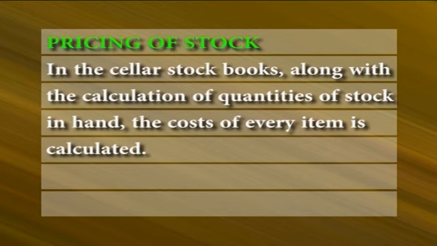Pricing of stock. In the seller stock books, along with the calculation of quantities of stock in hand, the cost of every item is calculated. The total cost of the stock in hand is very useful information to know about the money held in the seller stock.